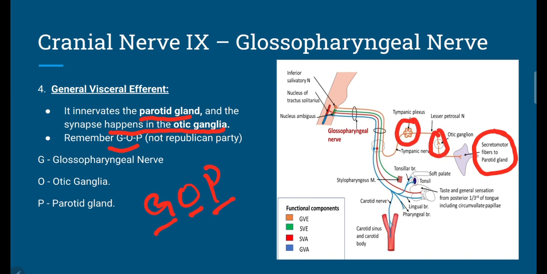There's a tympanic plexus and the tympanic nerve that goes up right here into the inferior salivatory nucleus in the medulla. You can remember this with GOP, which is the Grand Old Party, or the Republican Party, but hence glossopharyngeal does not include the Republican Party. We can just use that acronym for the glossopharyngeal nerve, otic ganglion, and parotid gland.